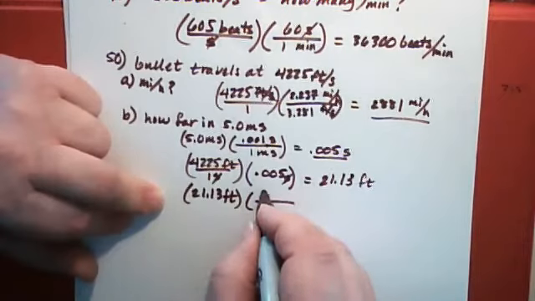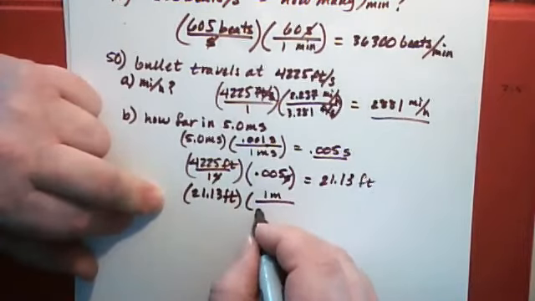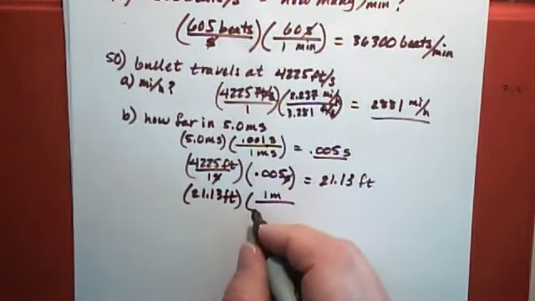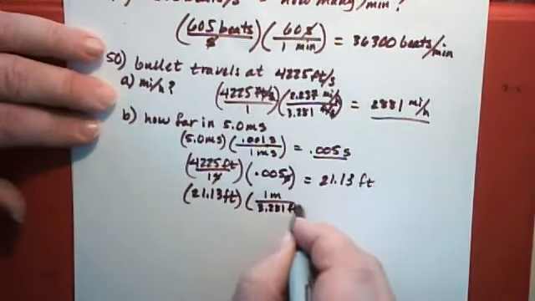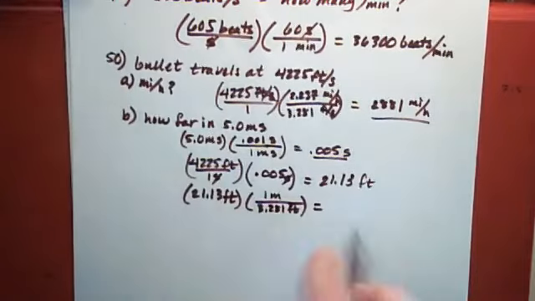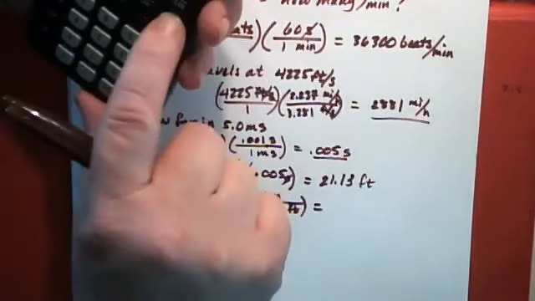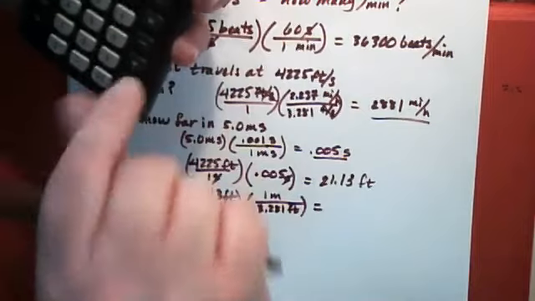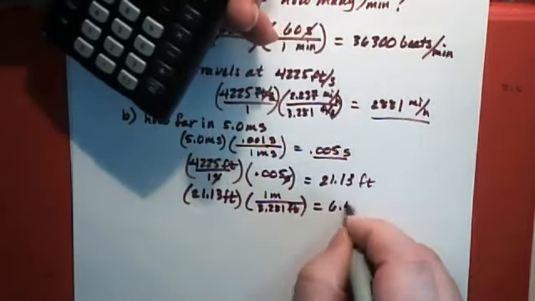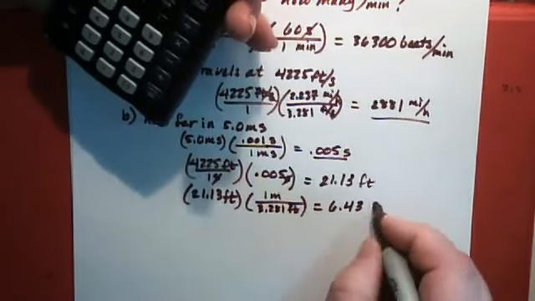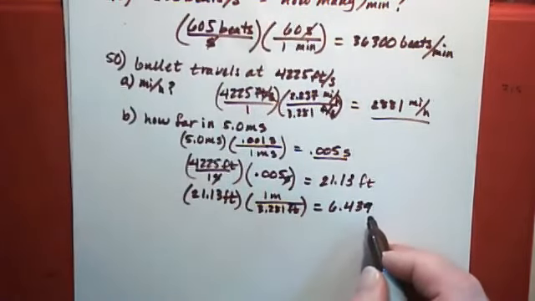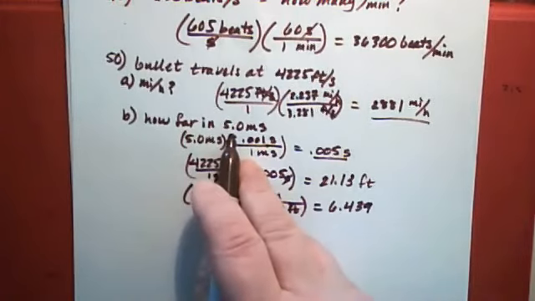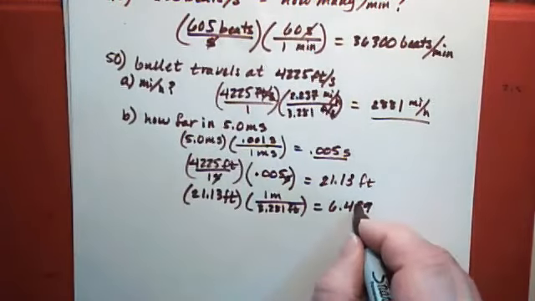And let's see, 1 meter for every, what is it, 3.281 feet. Okay, so divided by 3.281 gives us 6.439, oh, wait a minute, 5 milliseconds was only two significant figures.